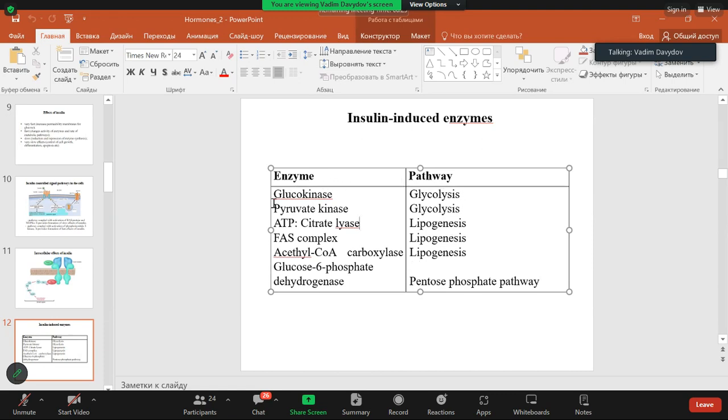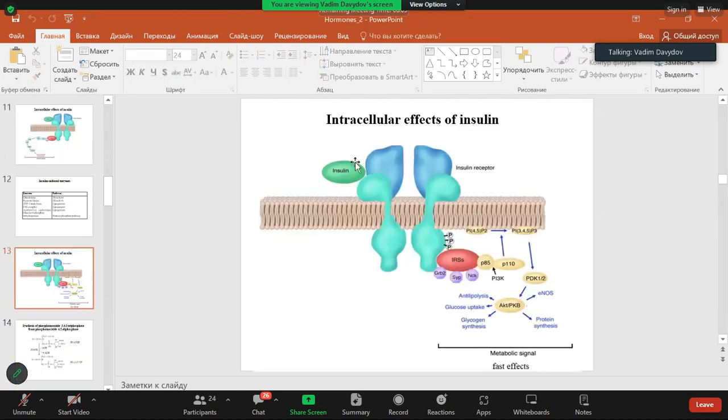And all those effects, coupled with change of production of enzymes which take part in carbohydrate and lipid metabolism, appear some hours after the effect of insulin. So that is about one effect of insulin, provided by activation of RAS protein in the cytoplasm of the cell.